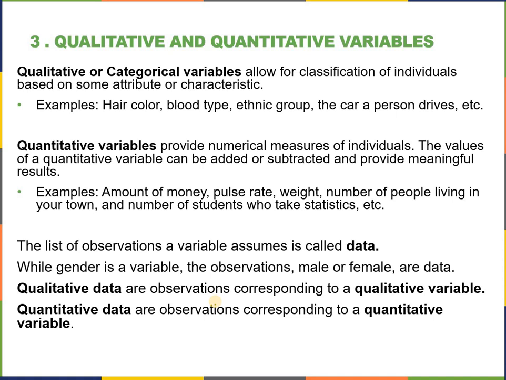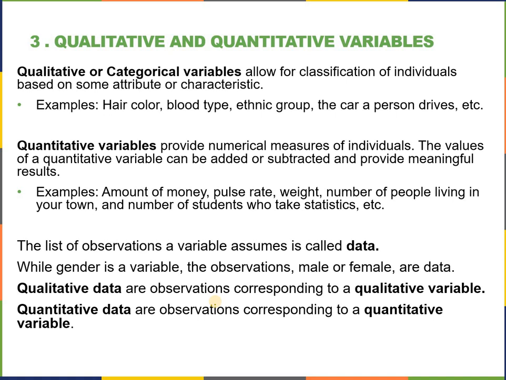For example, the amount of money, the pulse rate, the weight, the number of people living in your town, the number of students who take statistics, the number of siblings you have, the number of kids you have, and so on. So all of these have a quantitative value attached to them, a number. That's why we say this is a quantitative variable. The list of observations a variable assumes is called the data.